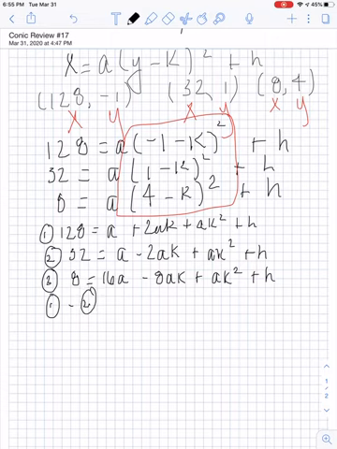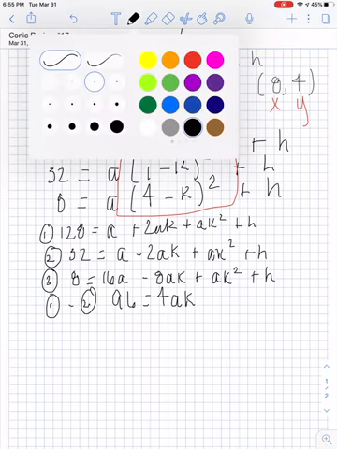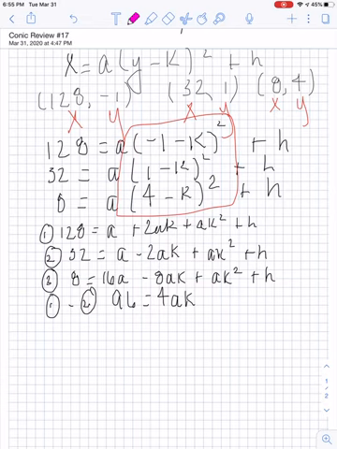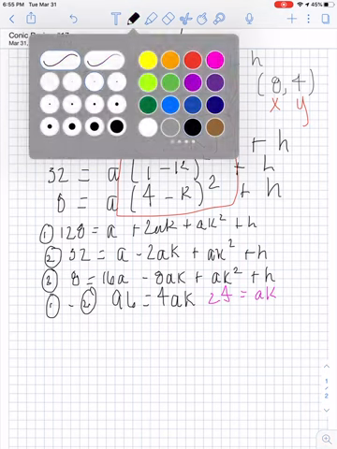And that gave me 96 equals 4ak, which then reduces down to 24 equals ak. Okay, great.